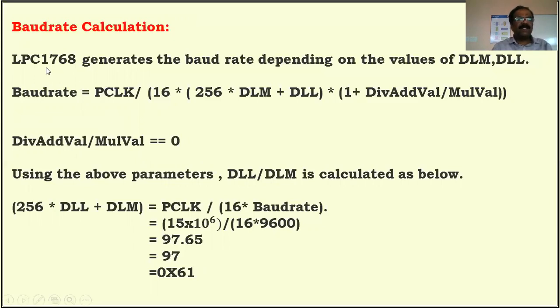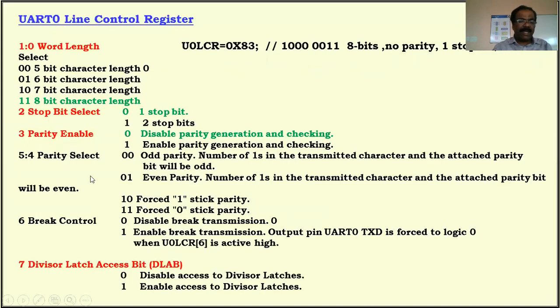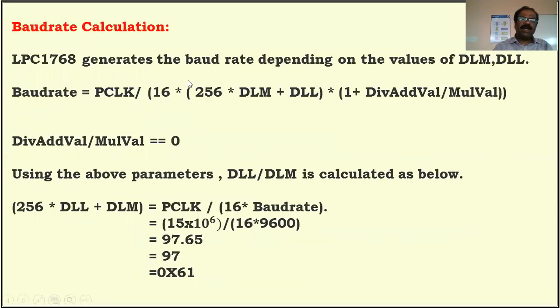Therefore, here the LPC2148 generates the baud rate depending on the values of DLM and DLL. If you want to use the DLM and DLL registers, first we have to enable bit number 7. Have to make bit number 7 of LCR 1. Then only it is available to the programmer. We can write or read. Otherwise, not possible.